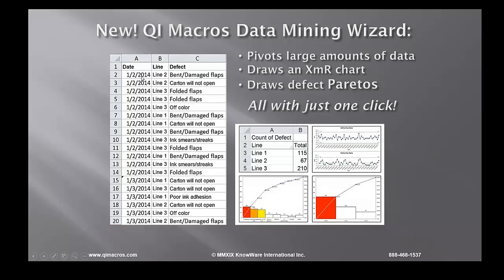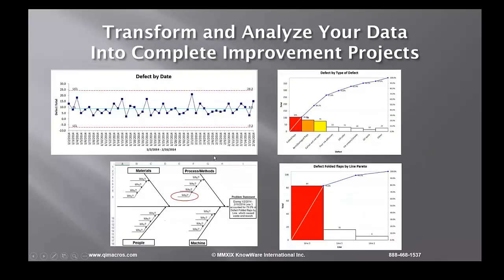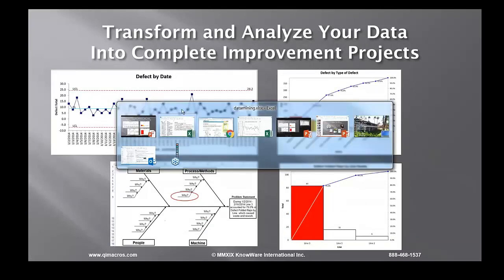So on January 2nd, 2014, line 2 had a bent and damaged flaps problem. QI Macros' data mining wizard will turn this into an entire improvement story. Pretty crazy, huh? And so it will actually take all your data and build the entire project for you.